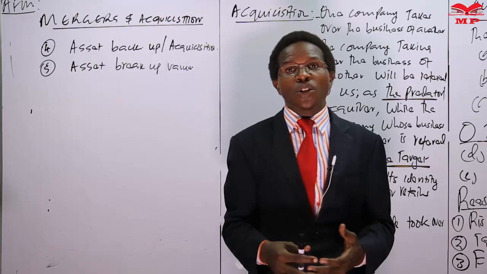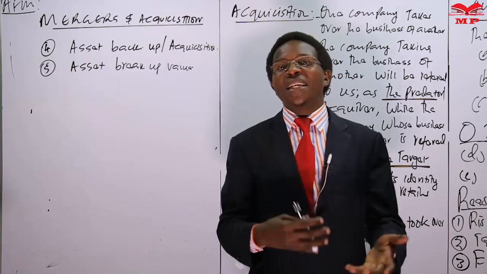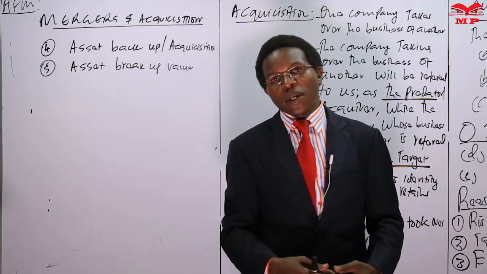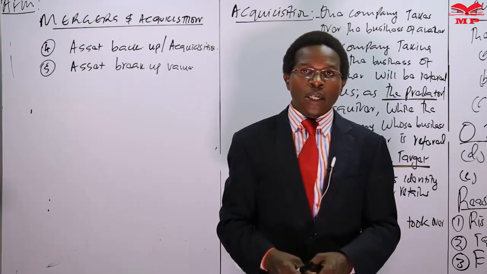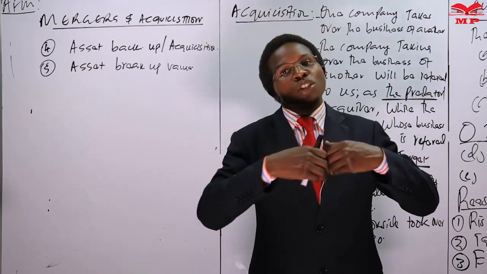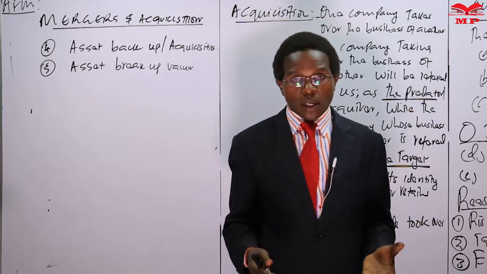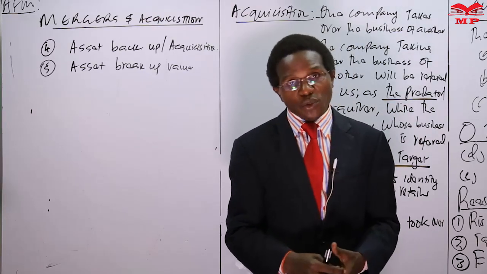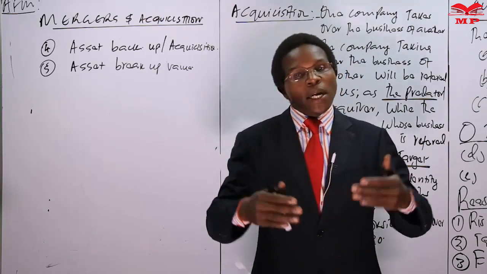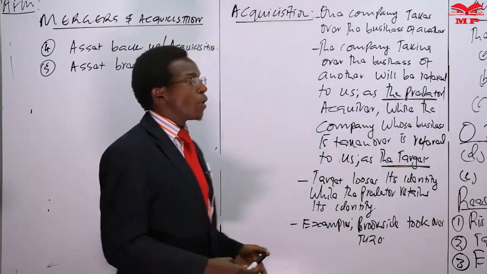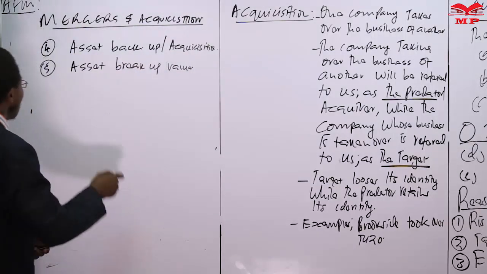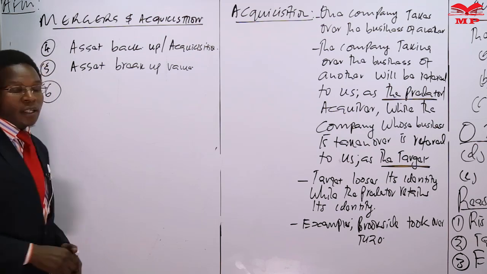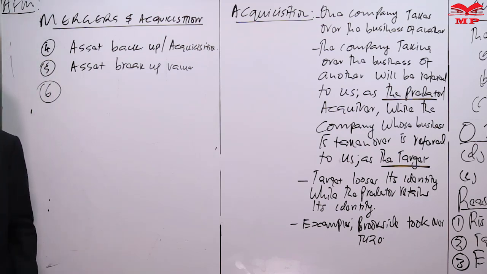After we have merged or acquired, we can easily sell the assets of that particular company and realize more than if we had just sold the company as a whole. So we sell the assets of the company that we have merged with or acquired, and we realize more than we expected. So that's another advantage of these mergers and acquisitions.